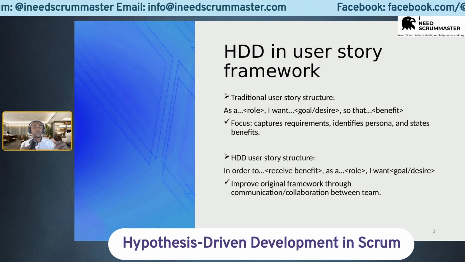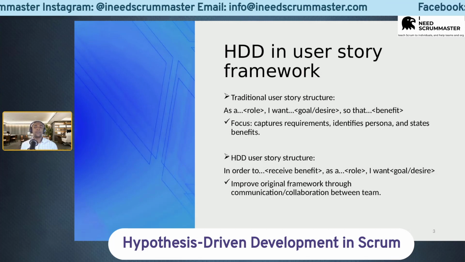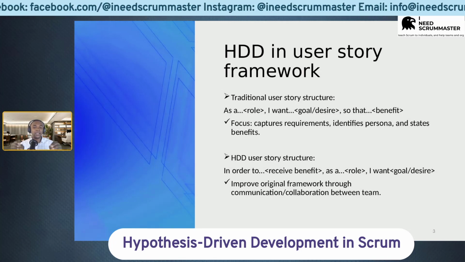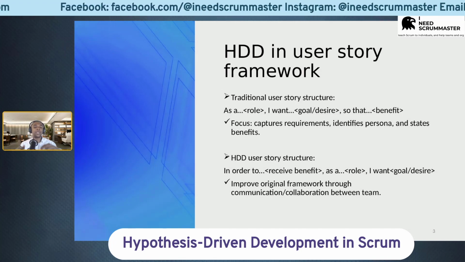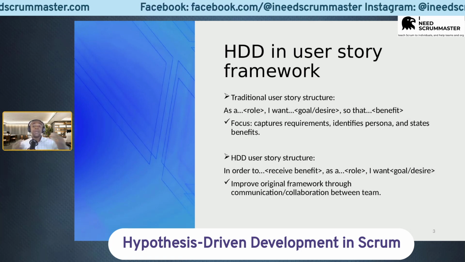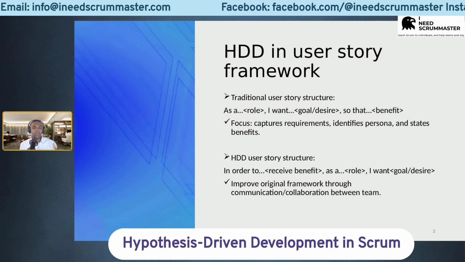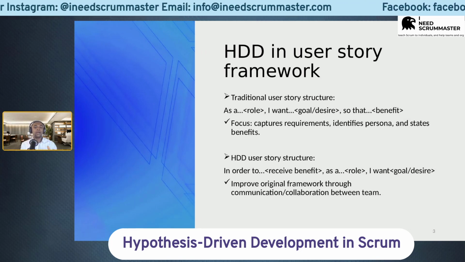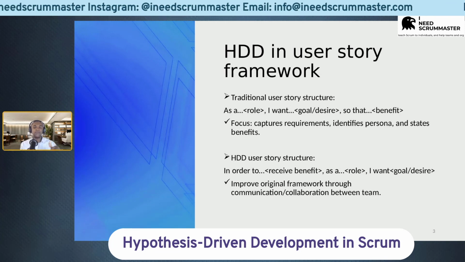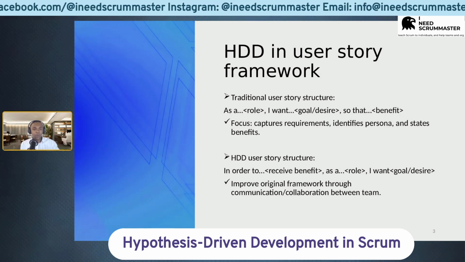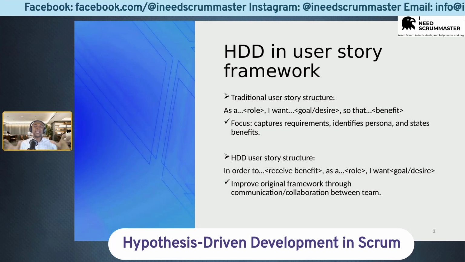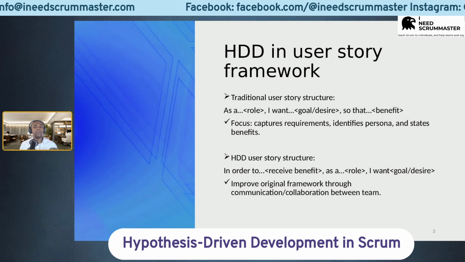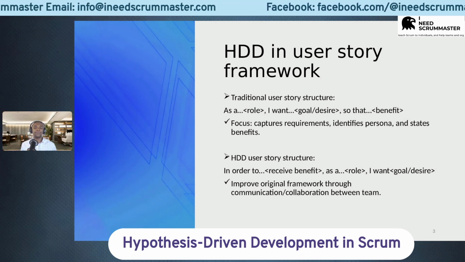We use that in order to capture requirements, right? In capturing those requirements, we identify the persona, the person that wants it. And then we state the obvious, which is the benefit or the value that we want to achieve. But in HDD, hypothesis-driven development, we use it to improve the original user story framework. By improving it, it engages team members, both the marketing department and the IT department, to collaborate and communicate, right?